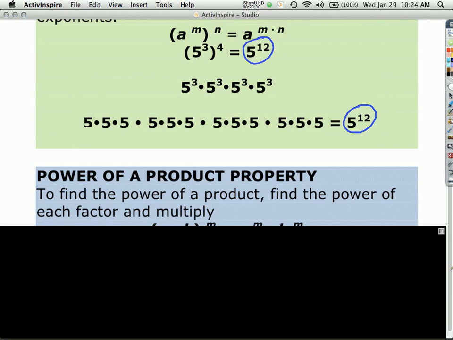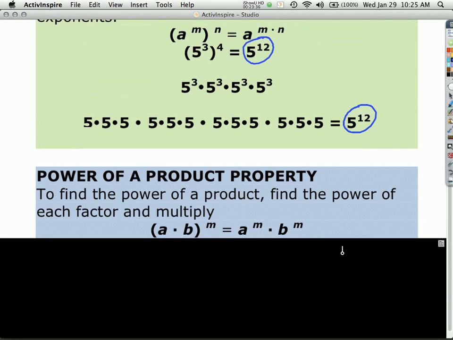To find the power of a product, find the power of each factor. So, here's what it looks like. You have a product, a multiplication problem, A times B. That multiplication problem is being brought to a power. So what it means is each factor gets brought to the power.